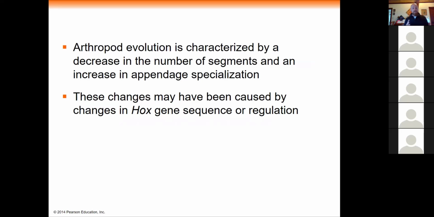So basically, you think of their appendages as a toolbox that allow them to get really specialized to do one thing or another and really focus in on a niche. Our best guess is that a lot of this reduction in segmentation came from changes to the Hox genes. Hox genes, as always, are super critical.